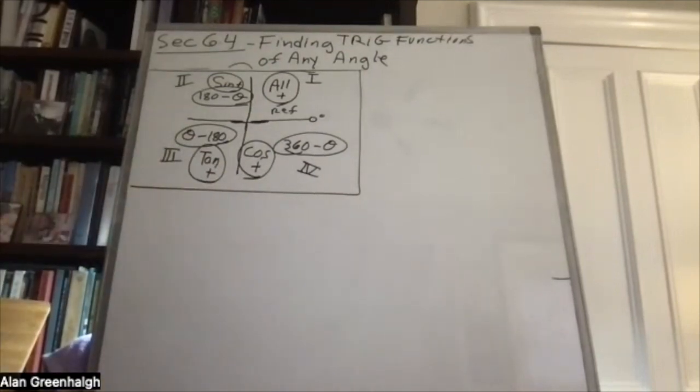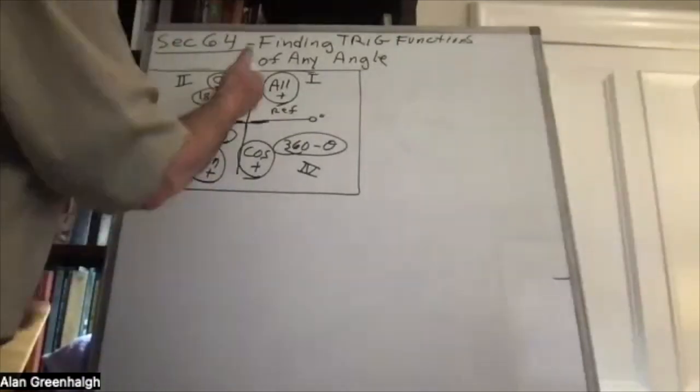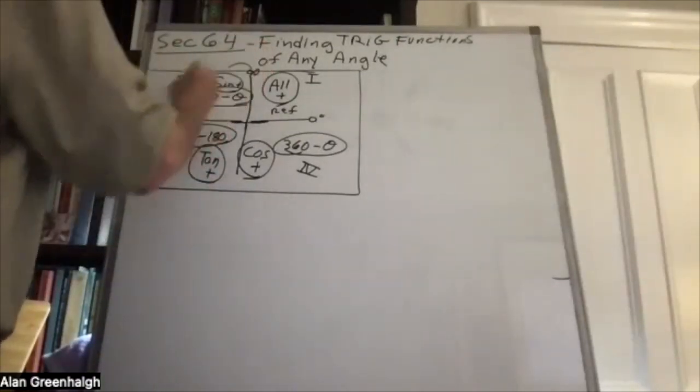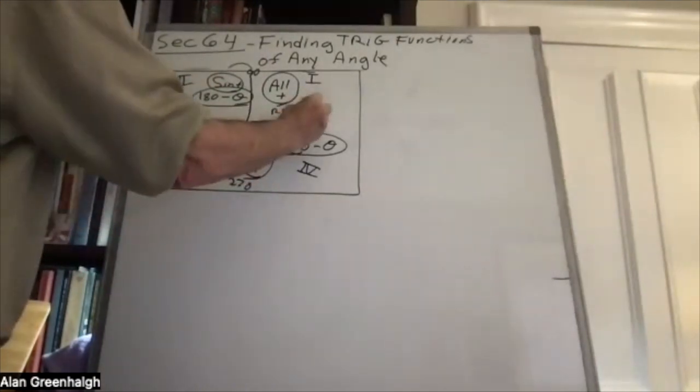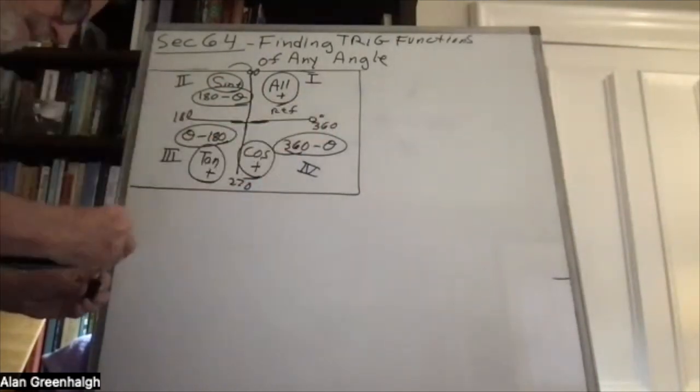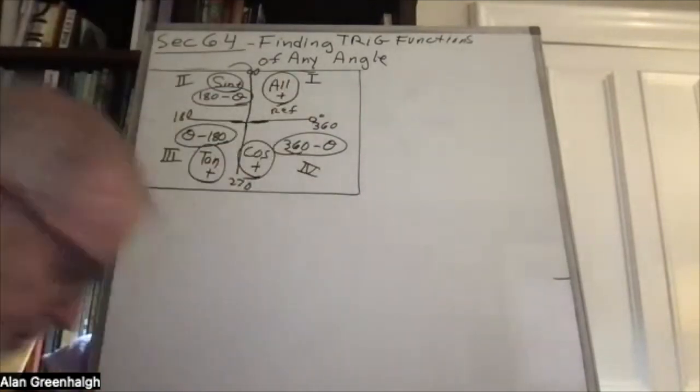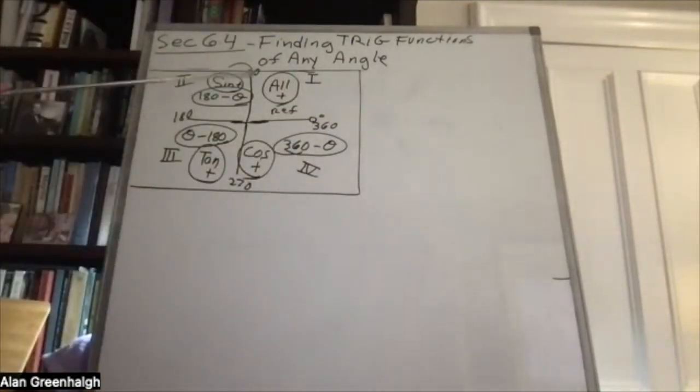So just reviewing. 0, 90, 180, 270, 360. In the first quadrant, whatever the angle is, that's what you find the value of, because all the angles are going to be acute angles, first quadrant angles.